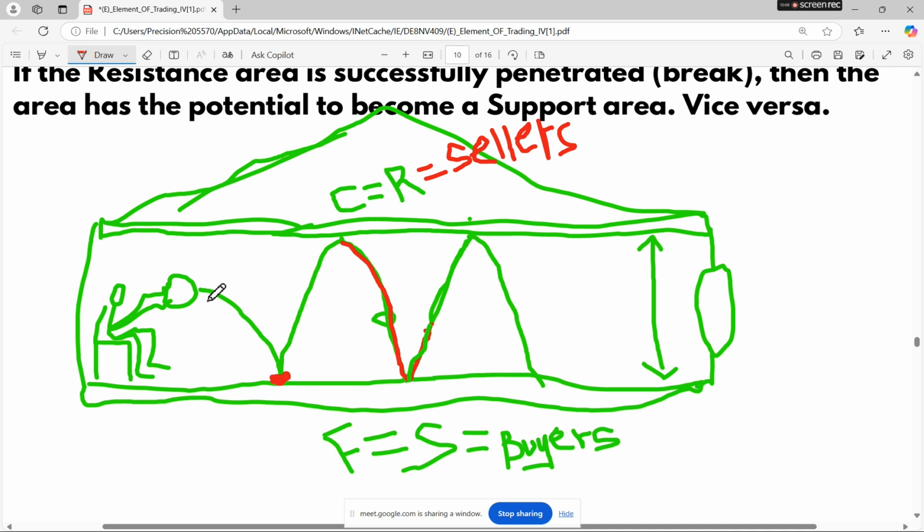So this is the market. The sellers pushed the market down. It came down, and then buyers came in and started pushing the market up, creating a swing low.